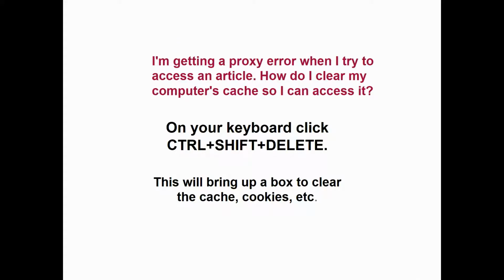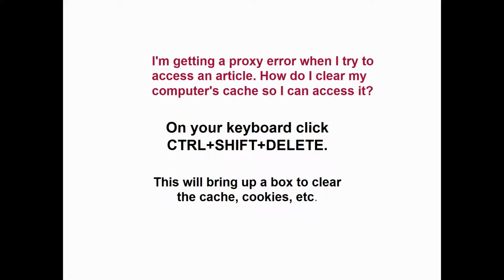What happens if you try to download or print the article and you get a proxy error saying that the article is not available or you cannot have access to the article? What you need to do is clear your computer cache or your history. Here are the instructions for any browser. Just click Control Shift Delete.